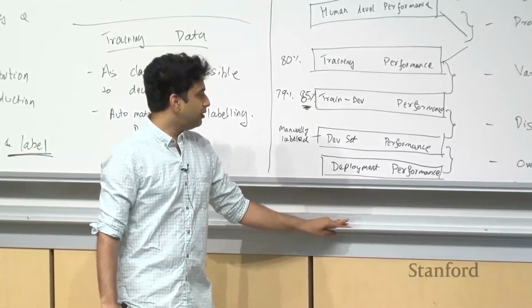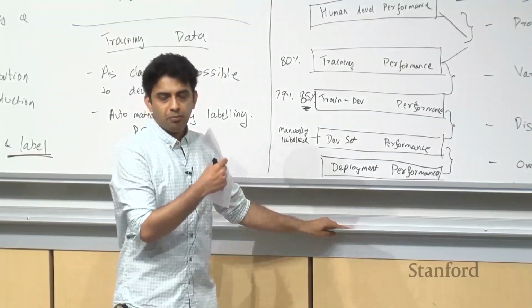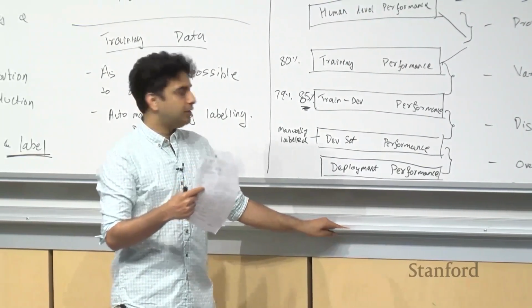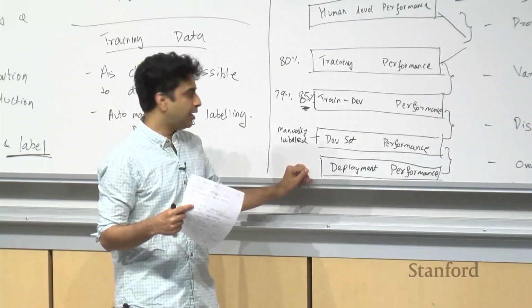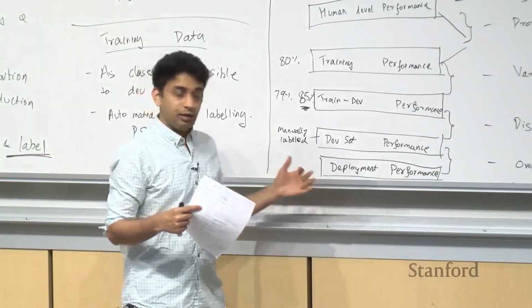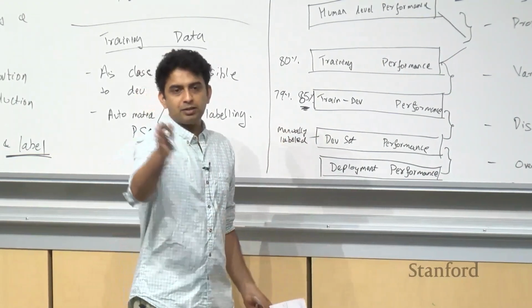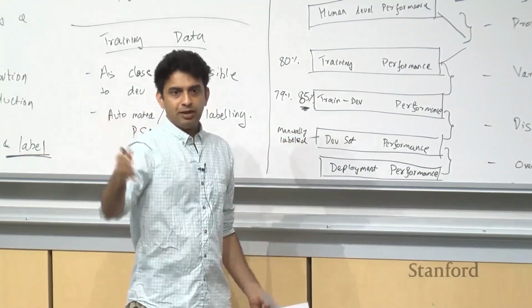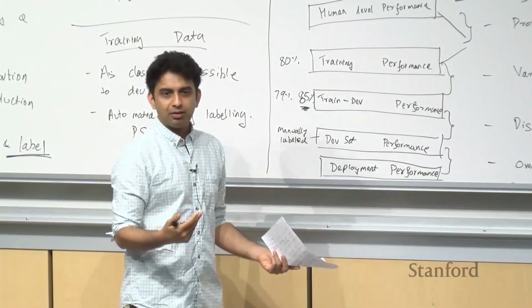Usually the way you measure deployment performance is, there might be ways in which the feedback is implicit in deployment. For example, if the prediction that you made was right, the user ends up taking a certain path of actions, and you can get this implicit feedback of whether your prediction was right or wrong.